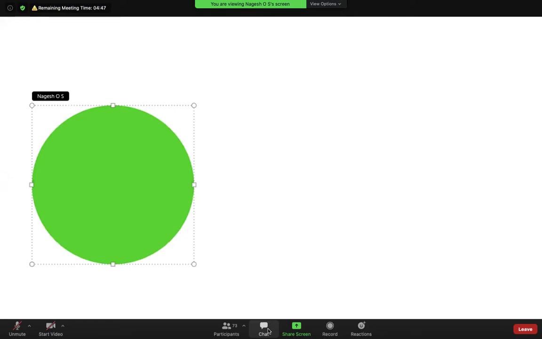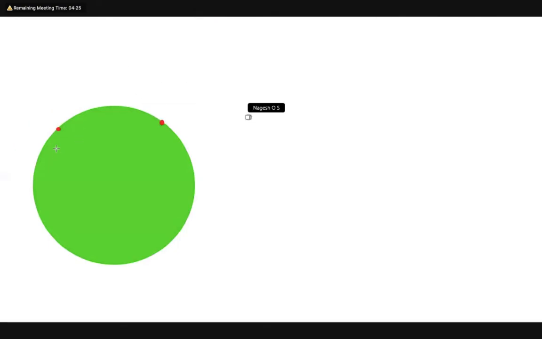Now I need the shortest distance between 2 points on Earth surface. From here to here I need. Okay. What is the shortest distance between these 2 points?